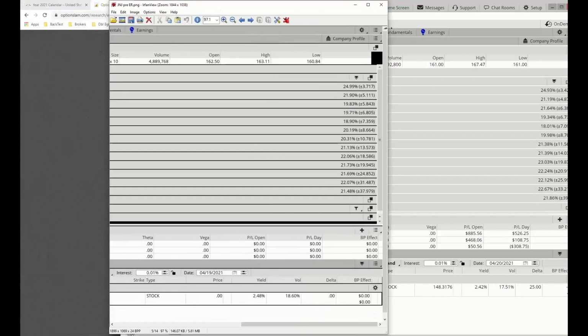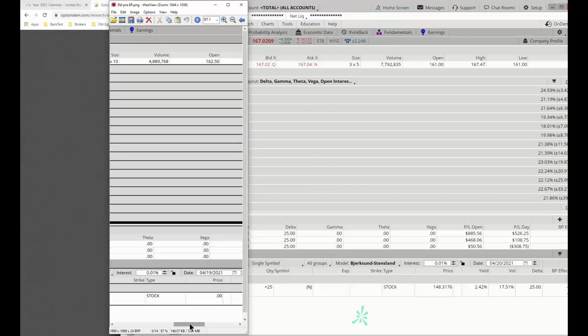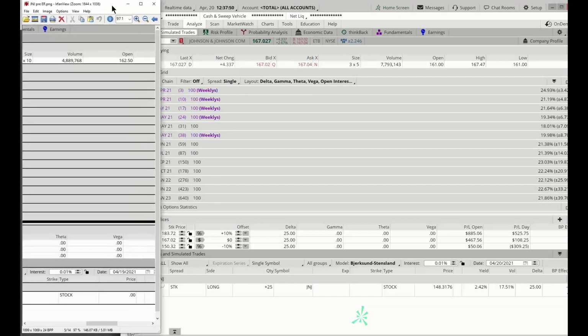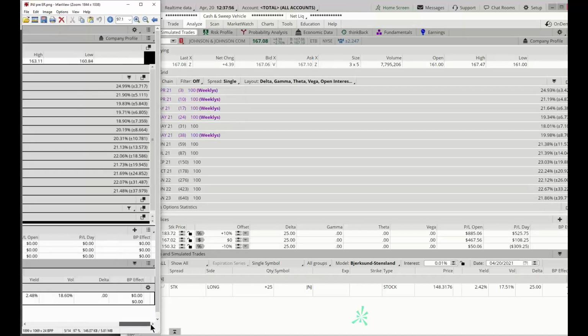Okay, so I'm a little surprised to see that. I'm surprised to see that IV has not crushed very much yet on this one. But when you get a strong movement in the underlying stock, this can sometimes take a bit for IV to actually start to crush. So there's the live chart on that one. So let's look at another one.